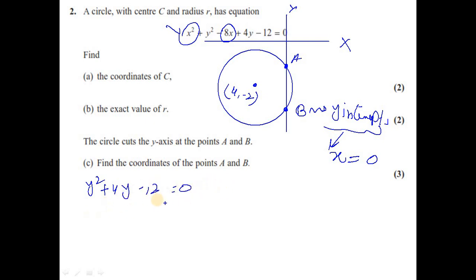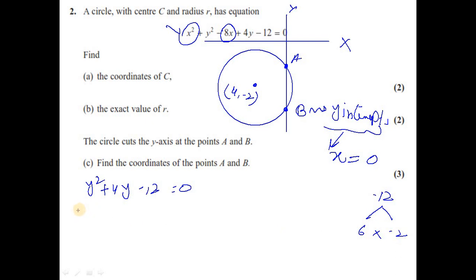Again, you have a quadratic equation, and you need to solve it either by using the quadratic formula or factorization. So again, you have minus 12, so you can make factors to get plus 4. So it is 6 and minus 2. 6 times minus 2 is minus 12, and 6 minus 2 is plus 4.